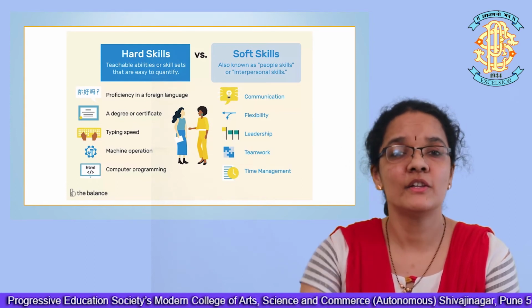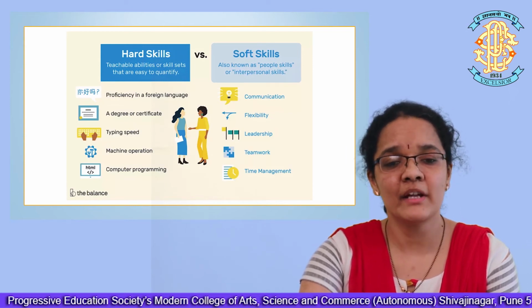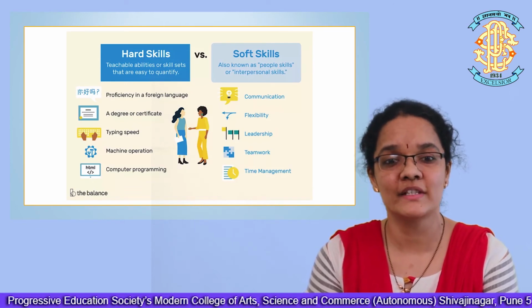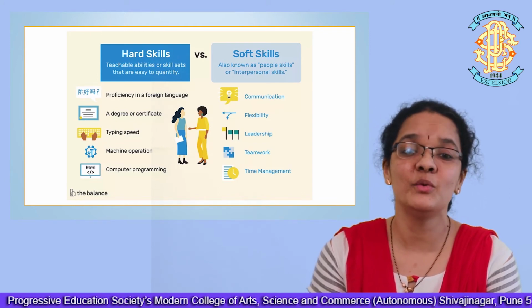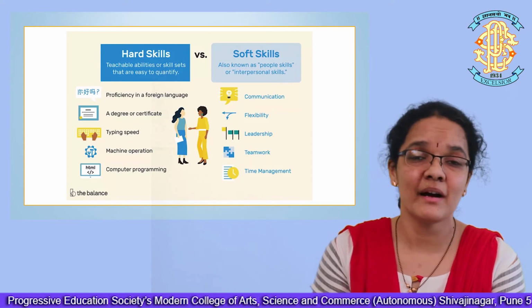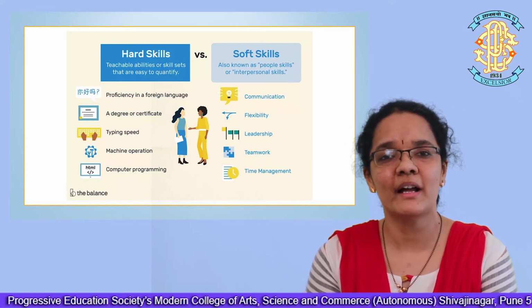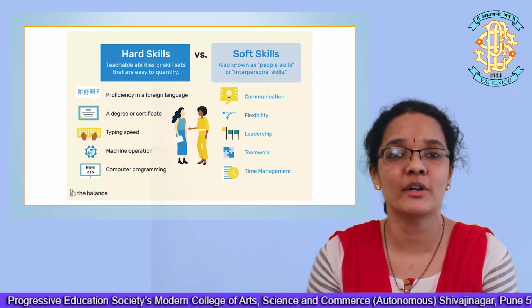That is why soft skills are also very important. Sometimes soft skill is also said to be people skill, interpersonal skill, and social skills. In short, we can say soft skills are unique selling points. It is a marketing terminology which says that for a product to be sold in the market, it should have something unique compared to your competitor's product.